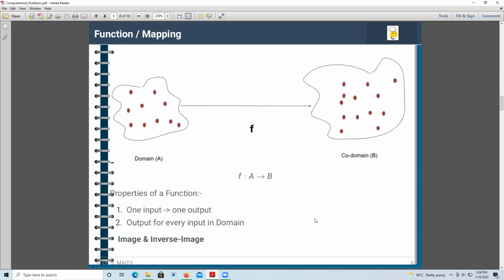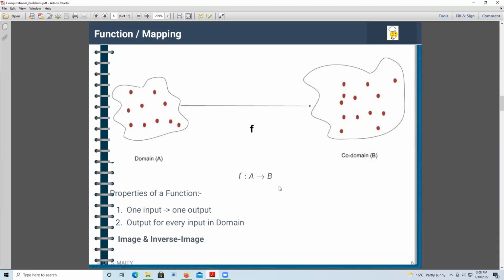As he said already, what are the two essential properties of a function? For a function, we have two sets. One set is called the domain and the other is called the codomain. We use a notation like f: A to B, where A is the domain, the set of all possible input values, and B is the set where the output values can lie.